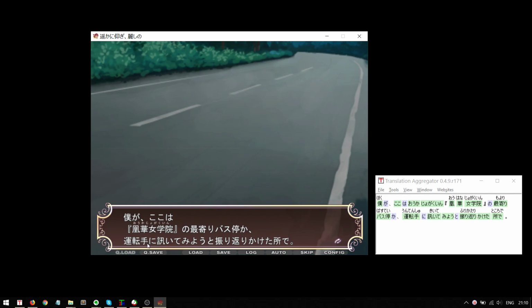So, 運転手 is the driver. So, trying to ask the driver, he turned around.